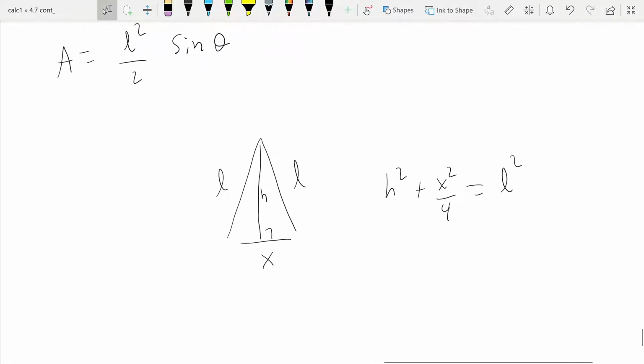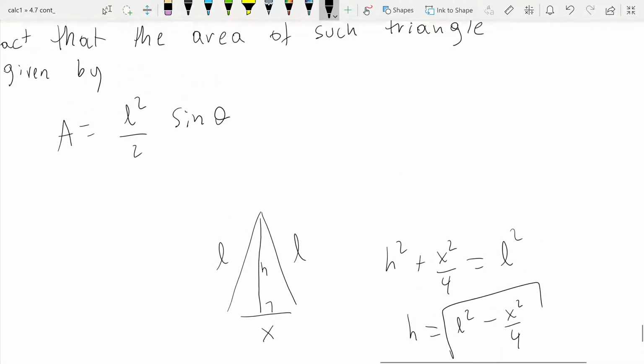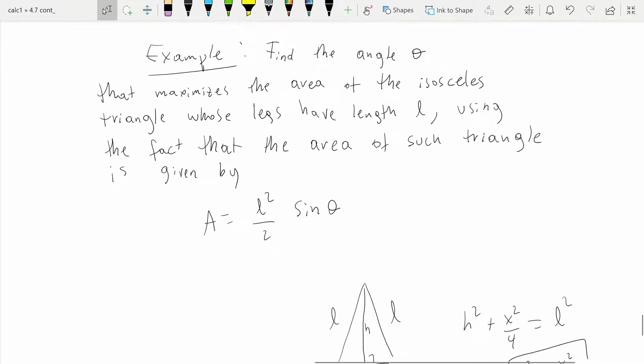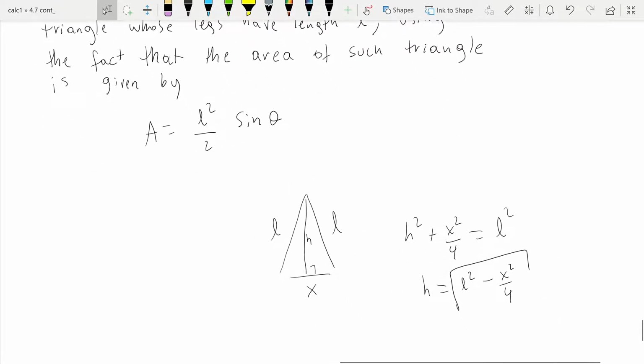This is very natural, but then to write h in terms of x, you will need to take the square root of this quantity, and everything will be a mess. Whenever you have to take derivatives, everything will be unnecessarily complicated because of your choice of variables, which is not the fortunate one.